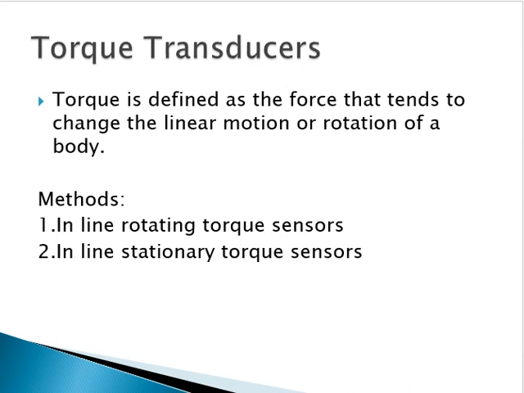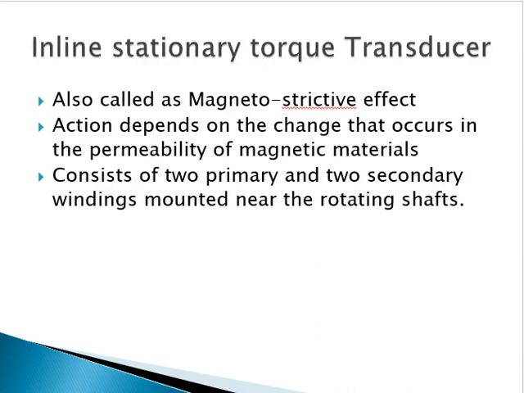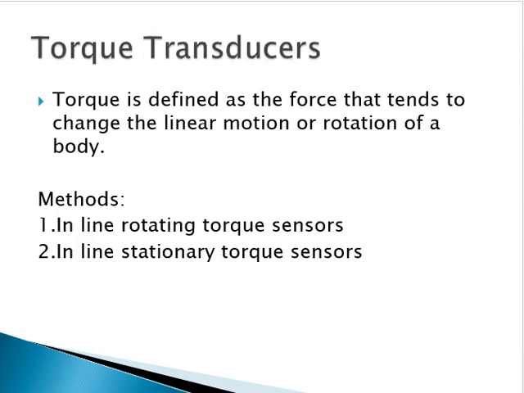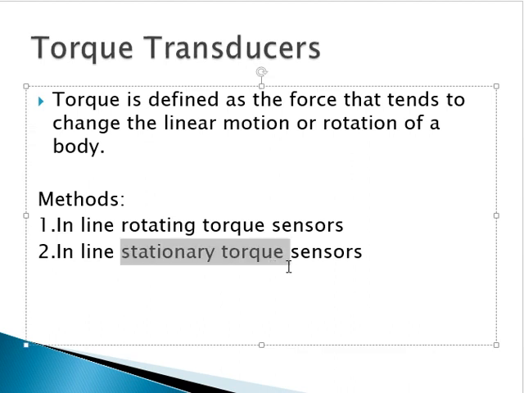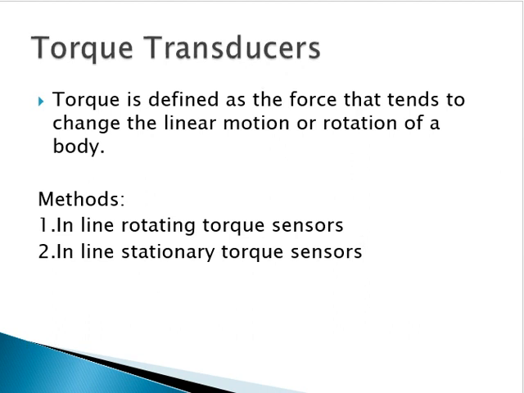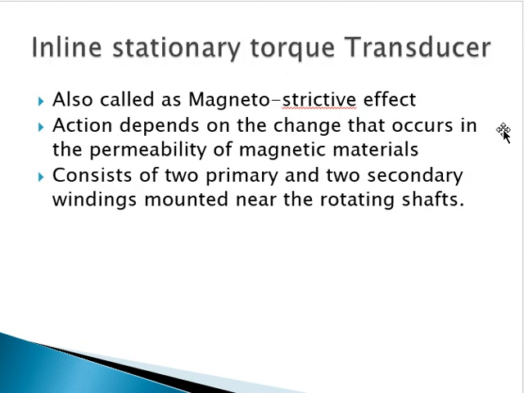Let us see the inline stationary torque transducer, because between these two types any engineer can prefer stationary sensors, as maintenance will be less. So that's why we have to see the inline stationary torque transducer.